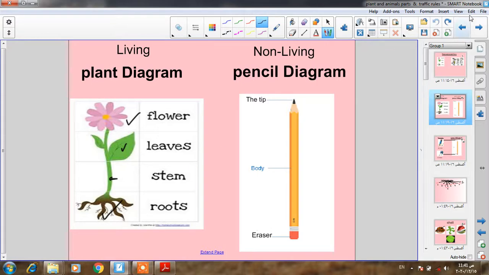Okay. The flower makes seeds, and the leaves make food, and the stem holds the plant up, and what takes water from the roots to the different parts of the plant? Excellent. And the roots hold the plant in the ground. Okay.